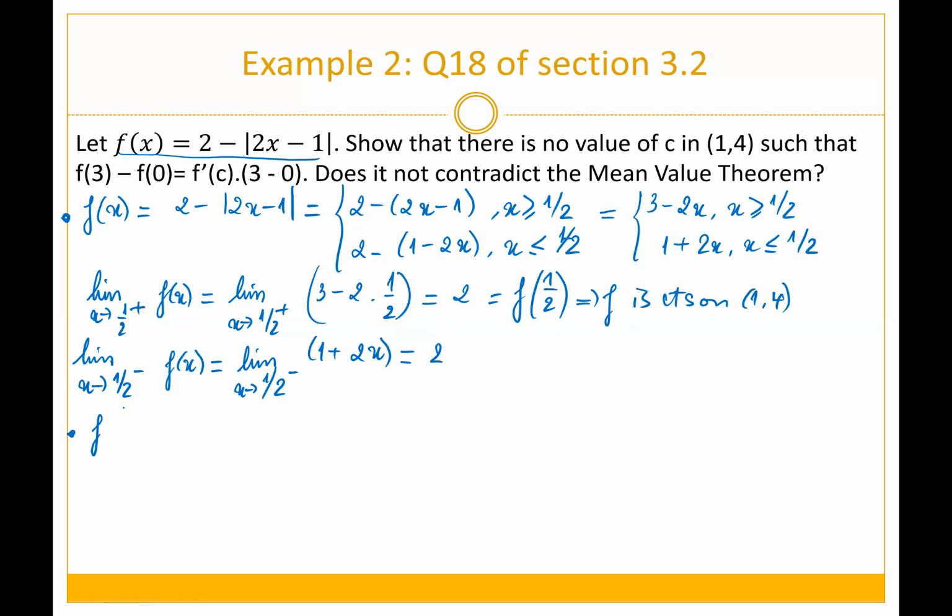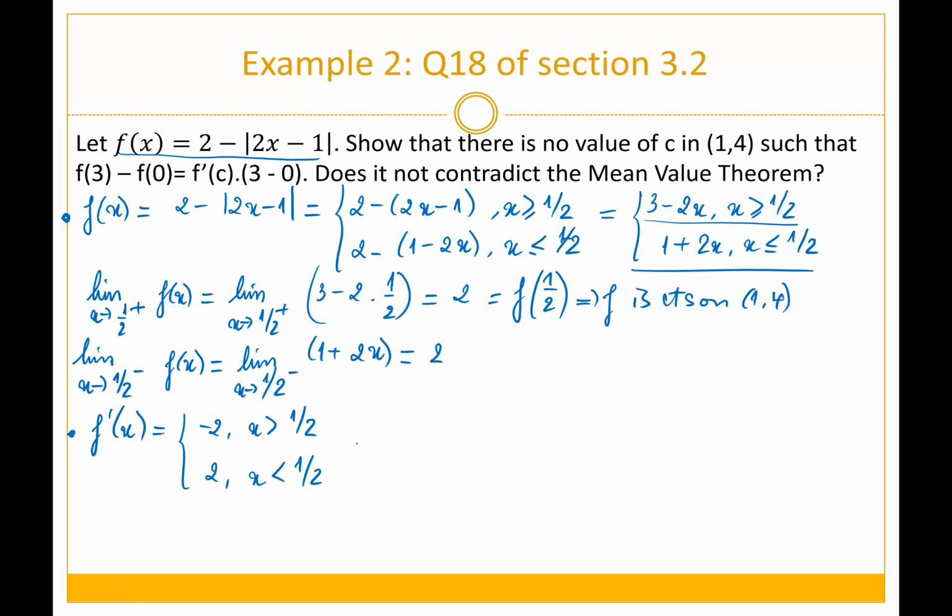So if you have f prime of x, based on these two functions, this one is equal to -2 when x is bigger than half, and it's equal to 2 when x is smaller than half. So basically you just take the derivative of these two expressions at half, because if you want f prime of half to exist, the two values have to equal one another, but here they don't.